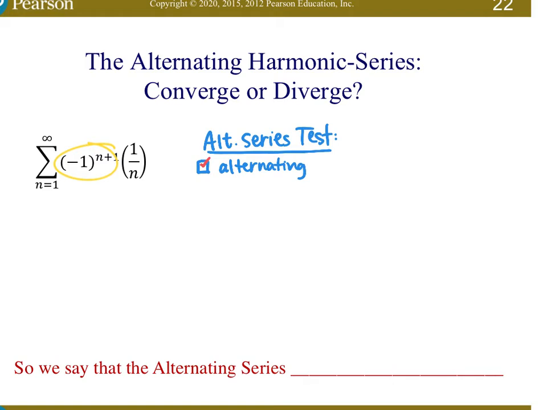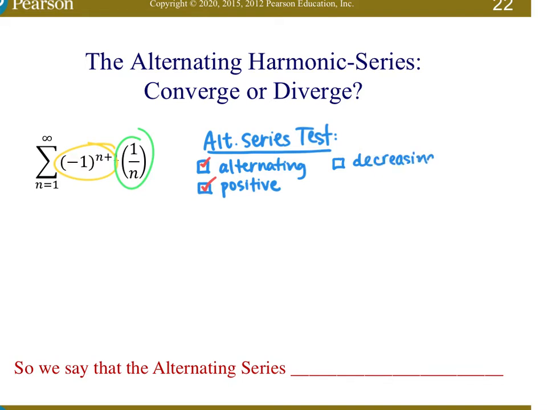And the second check box is that, other than the alternating part, all of the terms are positive. So we look at this term, and that's for every n, it will generate a positive term. So yep, that's positive too. Okay, and then are these terms decreasing?